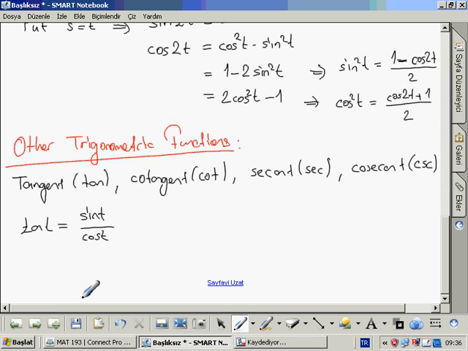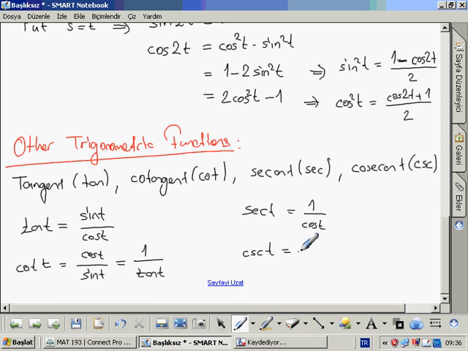And cot t equals cosine t over sine t, or we can call it 1 over tan t. And secant t equals 1 over cosine t, and cosecant t equals 1 over sine t, right?